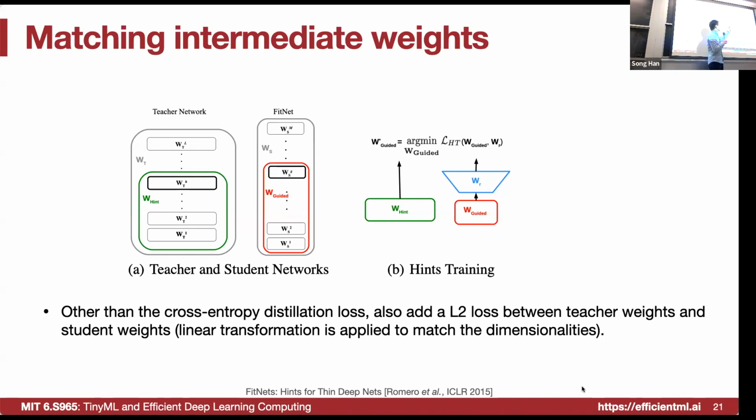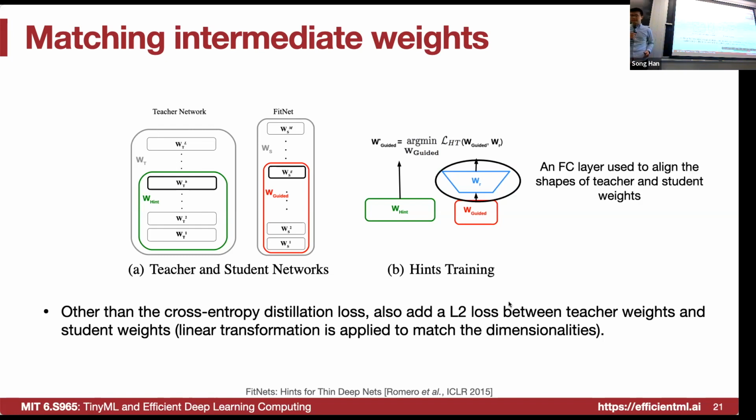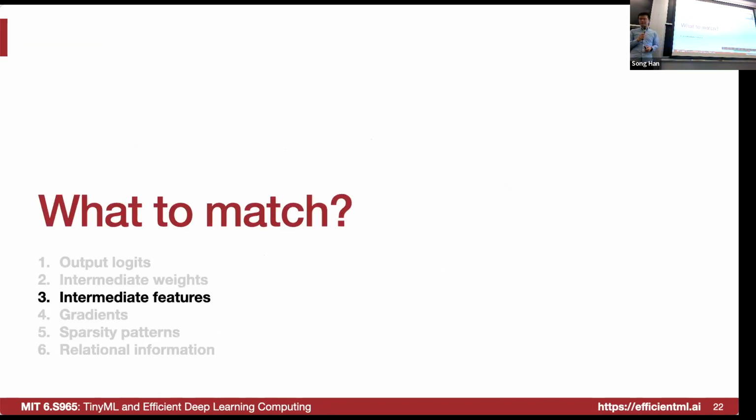Therefore, we need a projection, which is usually a linear layer, that projects the weight tensor of the student model to the same dimension as the teacher model, so that we can calculate the L2 distance between the teacher model's weight and the student model's weight. So this is matching the intermediate weights by adding this linear layer to align the shapes of the teacher model and the student model's weights.